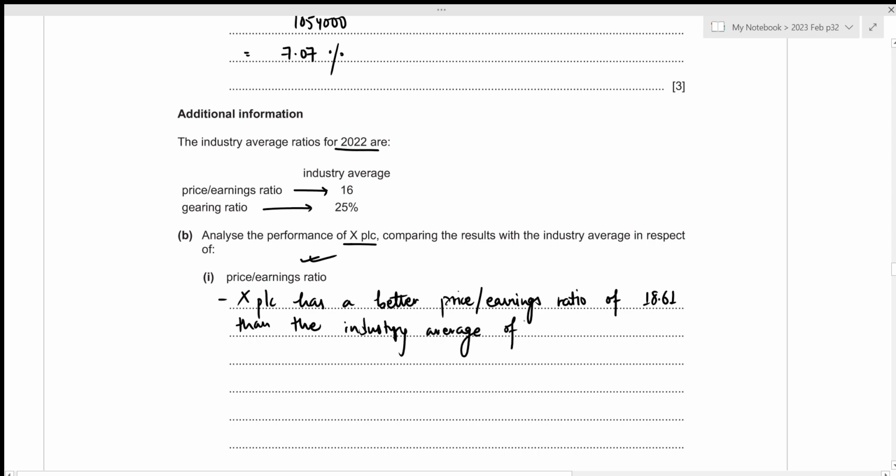of 16. And remember that the price earnings ratio is equal to our market price per share divided by the earnings per share. So for this ratio to be higher, either the market price should increase or the earnings per share should decrease. So market price per share will only increase if the investors have more confidence in the company that the company will provide a higher return for them.